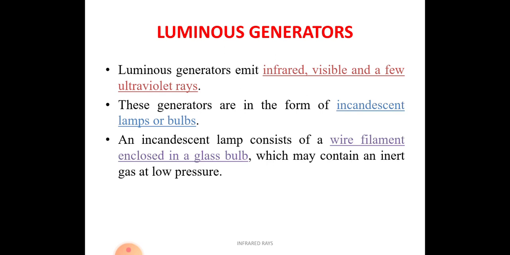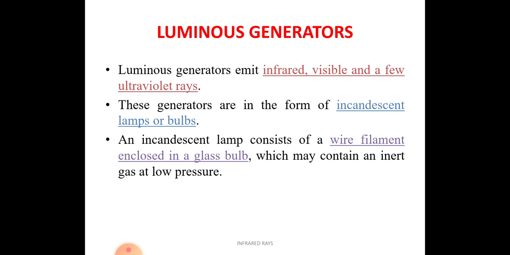Now these types of lamps or bulbs have a wire filament in a glass tube. Whenever you have any bulb in your home, you can take that bulb and see that it is covered by glass, and inside that glass you have a filament, a thin thread-like structure.